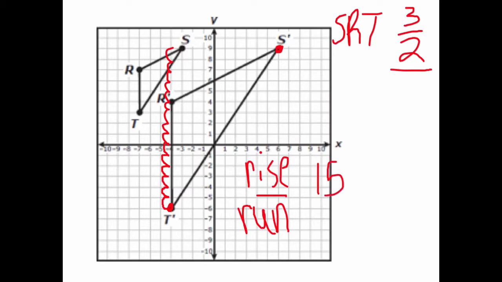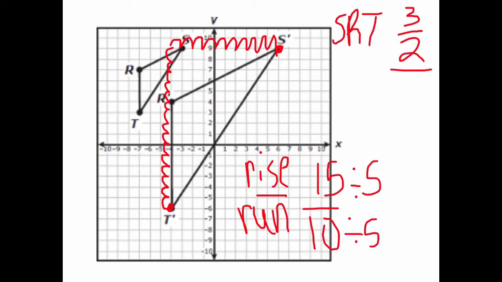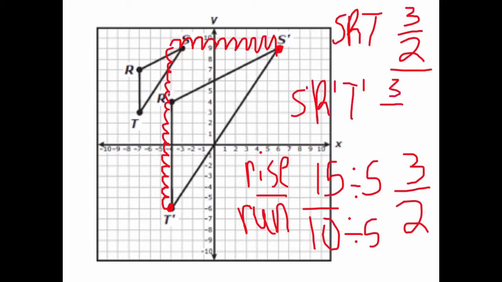I have a rise of 15 and a run of 1, 2, 3, 4, 5, 6, 7, 8, 9, 10. Now, if I divide this down to simplest terms by dividing top and bottom by 5, I see that this has a reduced proportion of 3/2, or a slope of 3/2. So, since these triangles have the same slope, they are proportional.